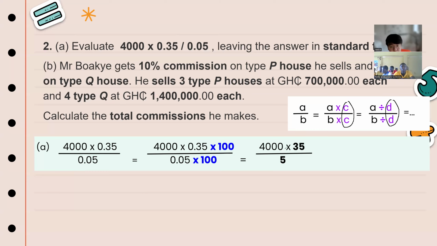Then this becomes 0.35 times 100, which is 35, and 0.05 times 100, which is 5.